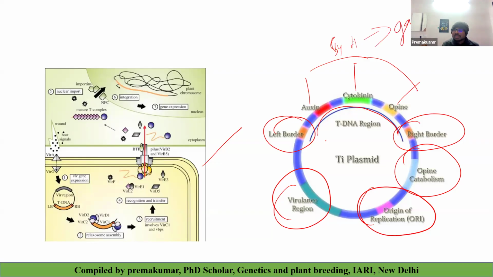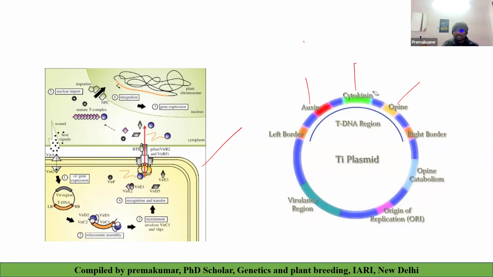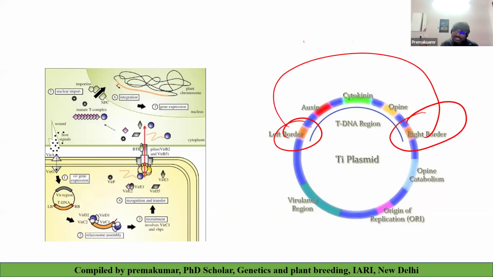That's why, whenever the Ti plasmid is integrated into the plant, it induces crown gall disease. Smith and Townsend identified that the Ti plasmid can cause crown gall disease. There is a lot of history; please read it.